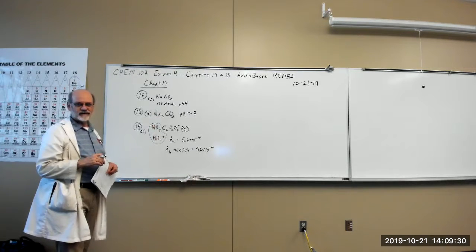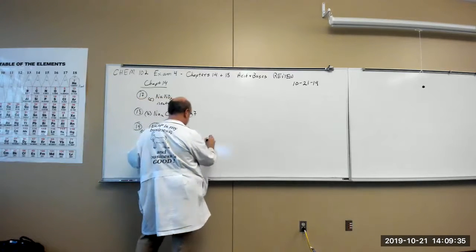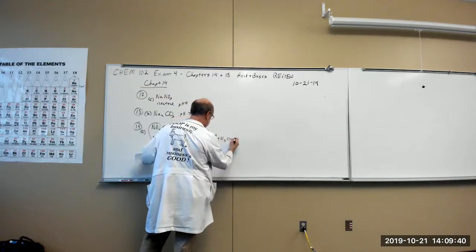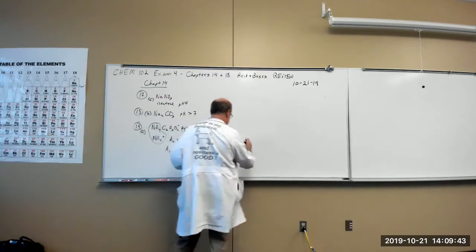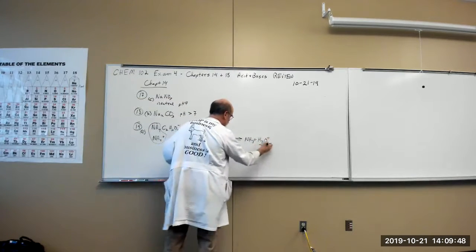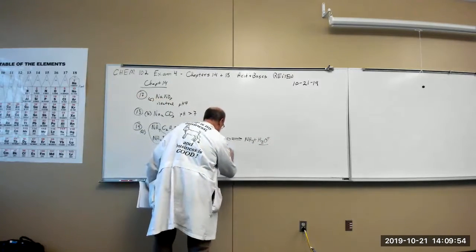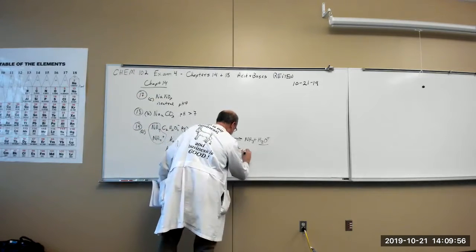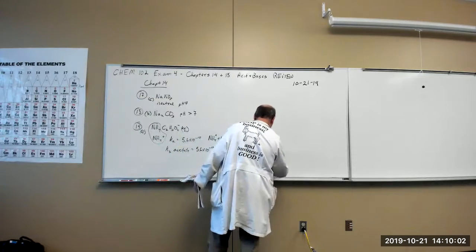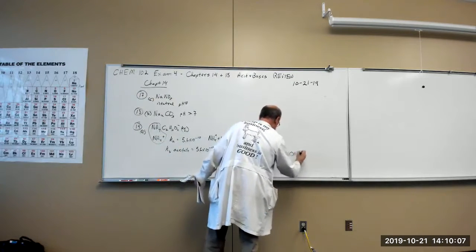Think about it in a minute. Right, so what does this mean? The Ka for that means this one, that one yields this one, that one. So we're producing hydronium ions with this balance. This one, what are we producing? We're producing acetic acid plus hydroxyls.